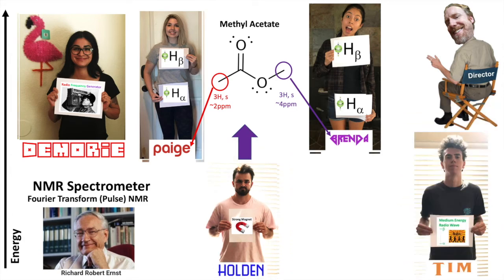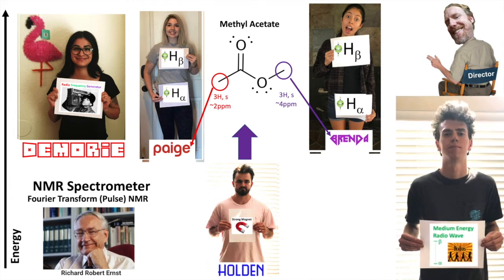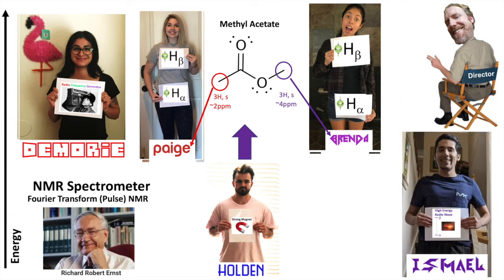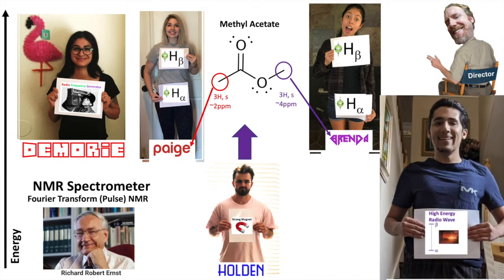Oh, actually, we're going to pulse them all at once. I forgot. So let's introduce everybody. Here's the medium energy radio wave. This is Tim. Tim has the Beatles there, and the high energy this time will be Ishmael. He's got a high energy radio wave, the heavy metal.